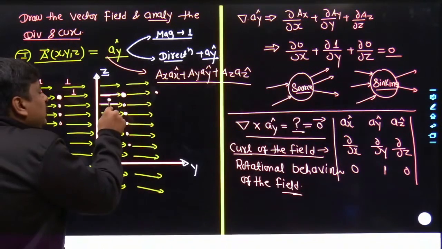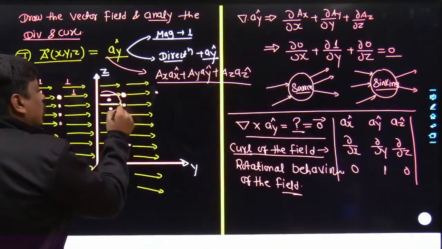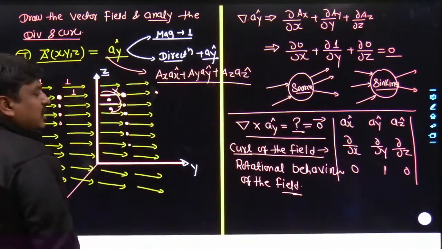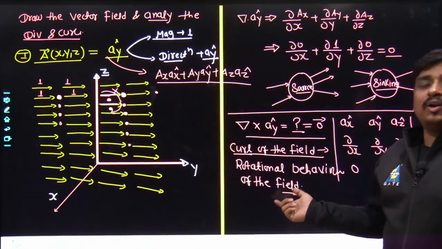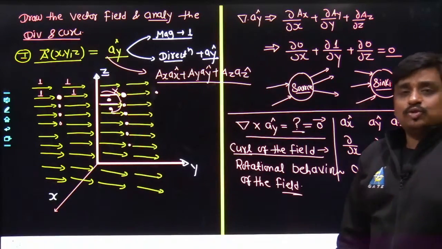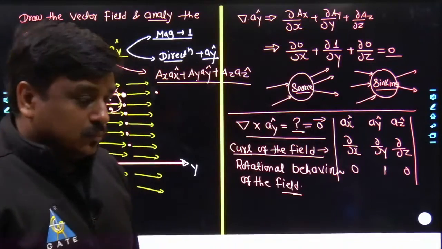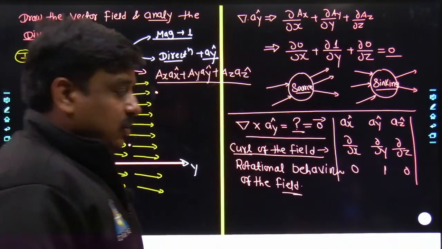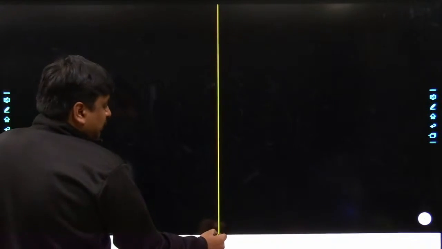That means at this point the vector quantity would not have any rotational force, and if it does not carry any rotational force, definitely in future, if you calculate the curl of this vector quantity, the curl has to be a null vector. Could you understand what I wanted to say? Yes. Agreed, no? Now let me take a few more examples, and with the help of those examples, I will try to explain the things in an even better way.